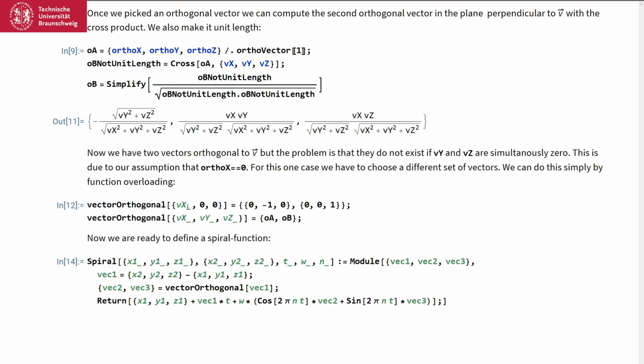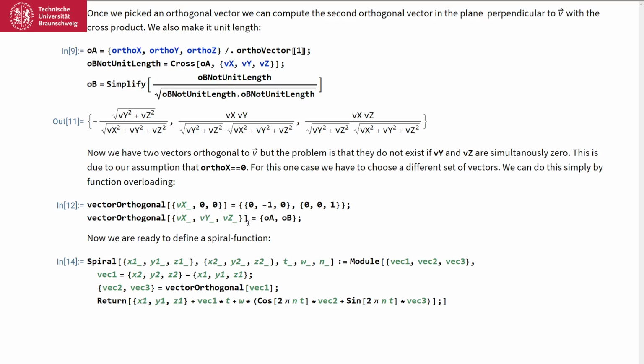So if our vector is just Vx, for that particular case, and the others are 0, we'll fix this design like this, and otherwise we use the result that we had above.